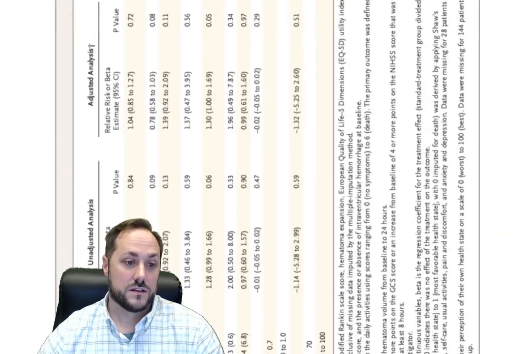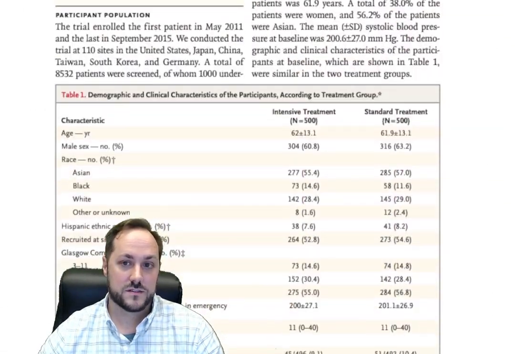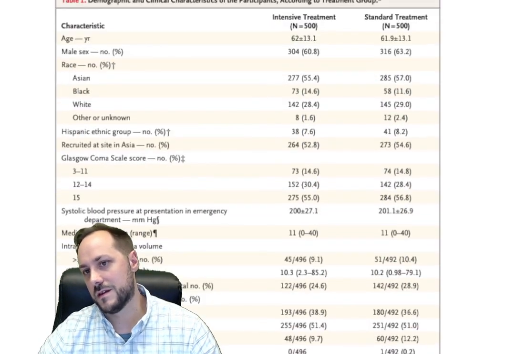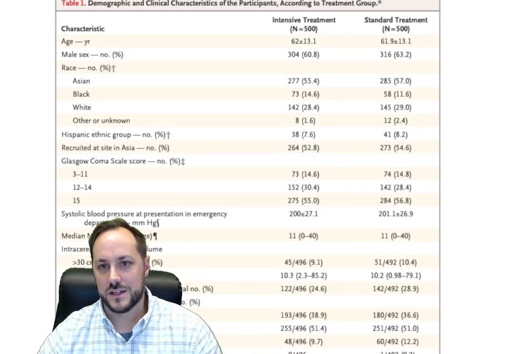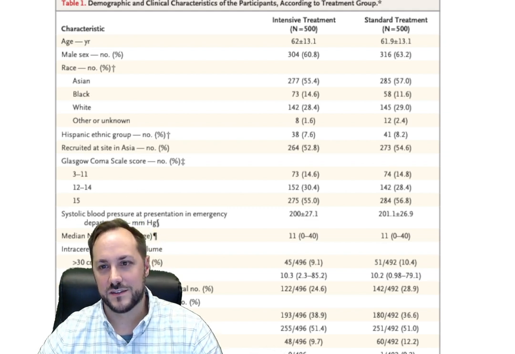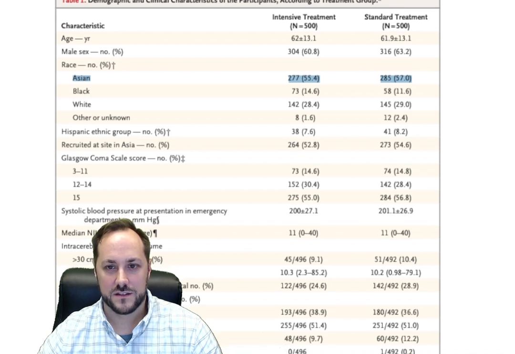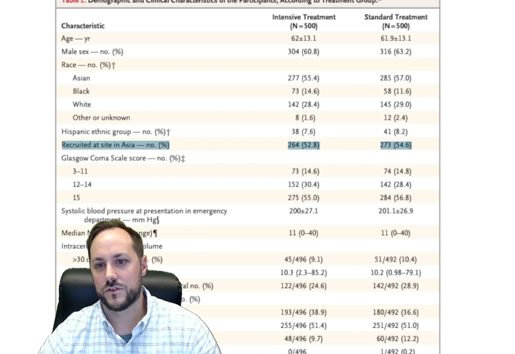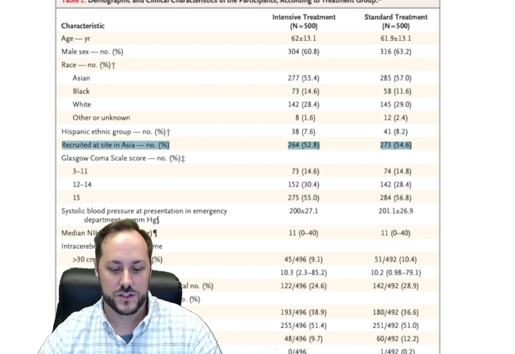So what's interesting is that the criticism of this trial would be in terms of our patient population up here in the northern United States. In this trial there was a higher percentage of Asian individuals, because they had pretty much a 50% recruitment at Asian sites in China, Japan, and Korea.